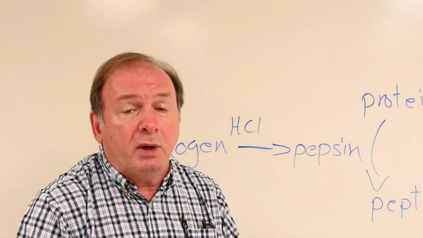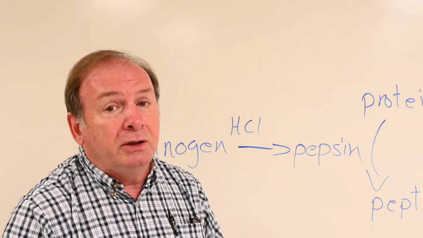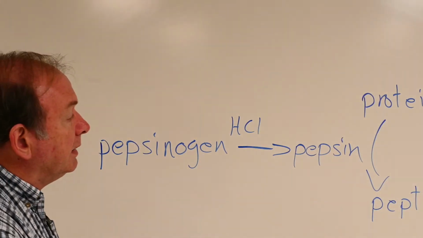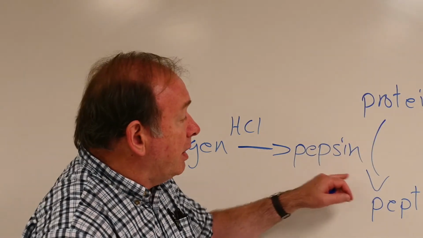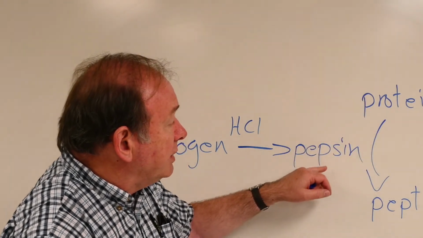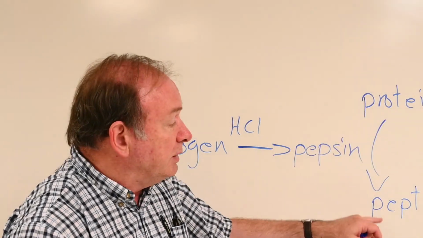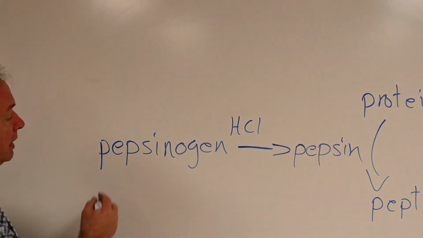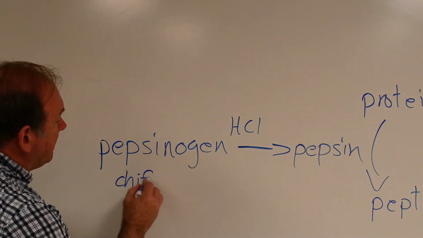Peptides are then subsequently broken down further into the amino acids that we're familiar with that make up the proteins. So more digestion has to happen beyond this, but that's the initial stage. Pepsin starts working on proteins, breaks them down into peptide units. So the pepsinogen is produced by the chief cell.